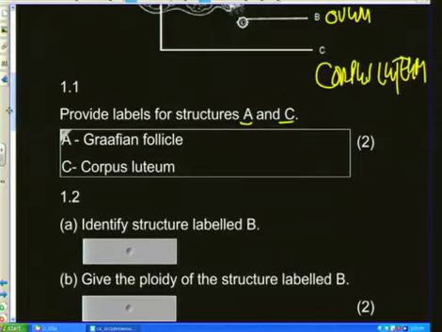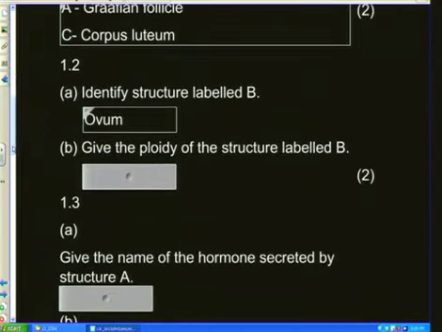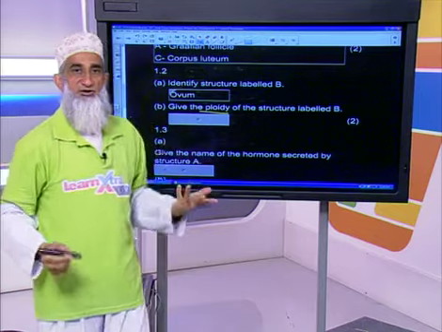Identify structure labelled B. We were forward, we were precocious, and we have answered that already, and that is obviously the egg or ovum. Right, the right terminology, ovum. Give the ploidy. Now, in your studies, where did you hear about ploidy?